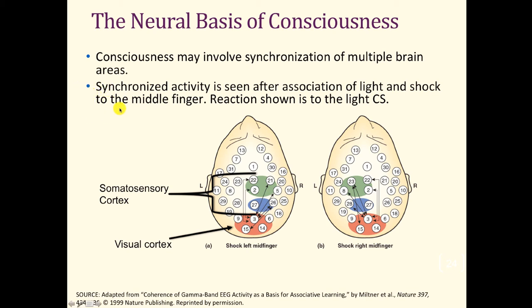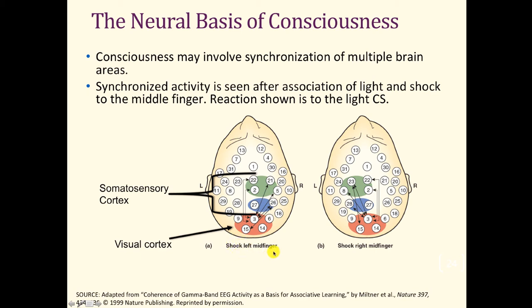And how did they do this? Well, they got people to pay attention to something like this light by pairing it with something aversive, in this case a shock to the middle finger. Once you do that, of course, we have basic classical conditioning. When the person sees the light again, it's going to remind them that a shock might be coming.